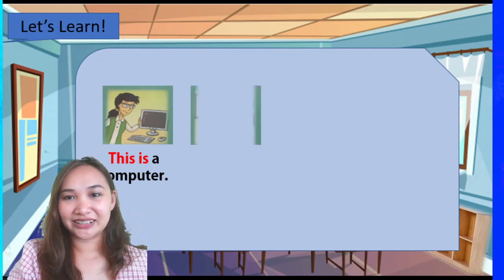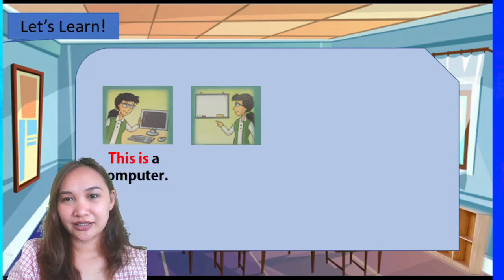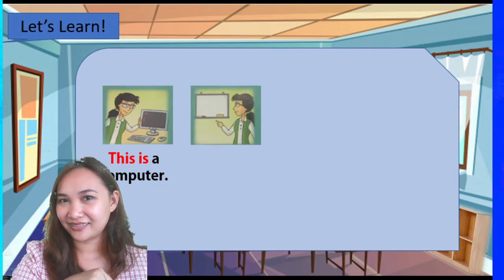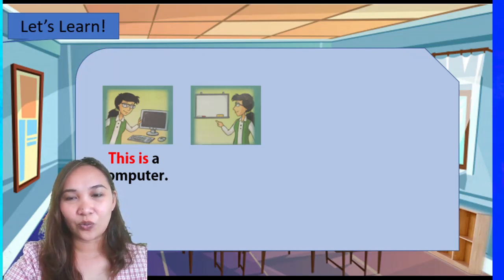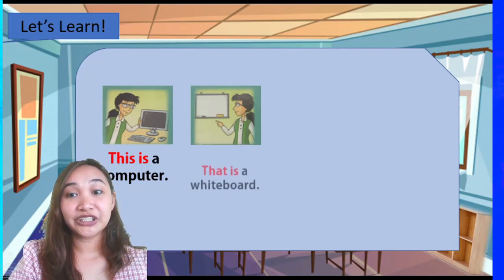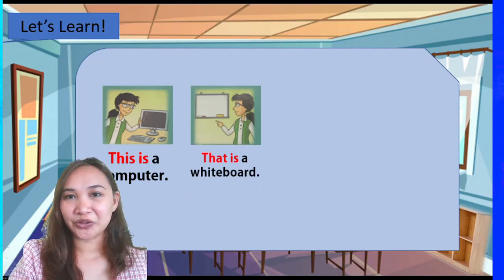Okay, very good. How about this picture? What can you see? I think the teacher is pointing to something. Yes, and what is that? What would the teacher say? Very good. That is a whiteboard.